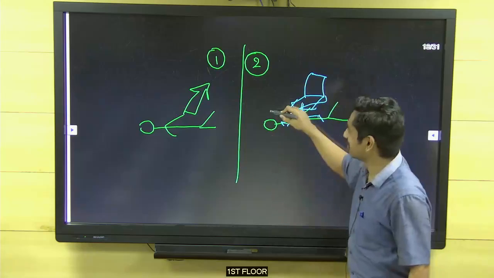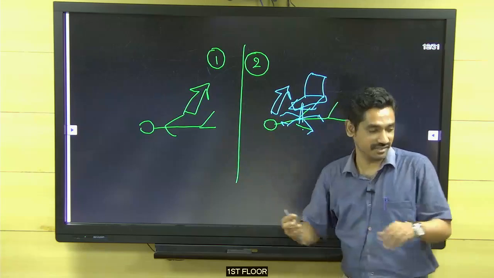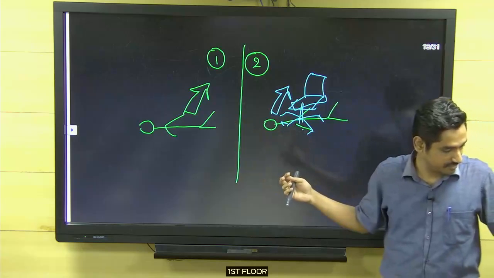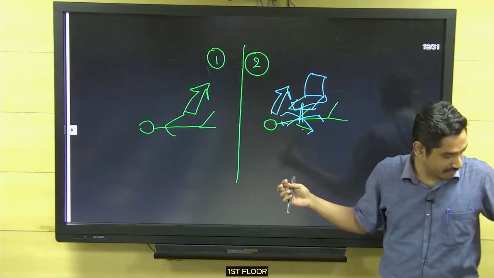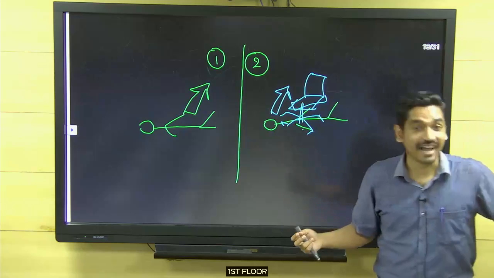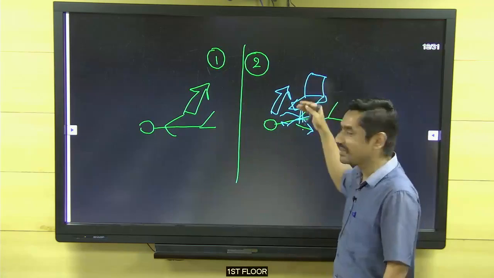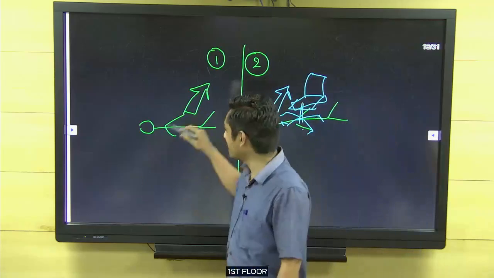Now asking you to get up. You tell me, condition 1 and 2, where will you get up easily? 1 or 2? Any Mahavirans there? One person is there. 2 on 2, I will definitely do that. Is it clear? You can't do it because a weight is placed over you. Here there is nothing over you. You can automatically get up.